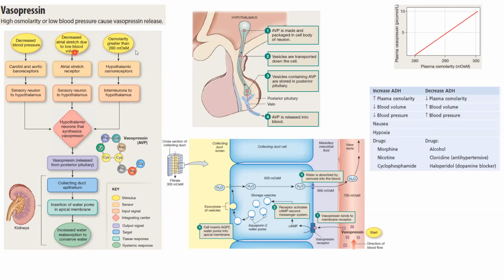Before we do this, let's do the osmolarity part because ADH release is most sensitive to osmolarity. Anything greater than 280 milliosmol per liter, ADH should release normally. Where is the sensor of this? It's the hypothalamic osmoreceptors, as we just discussed, which is the input signal to interneurons of the hypothalamus.